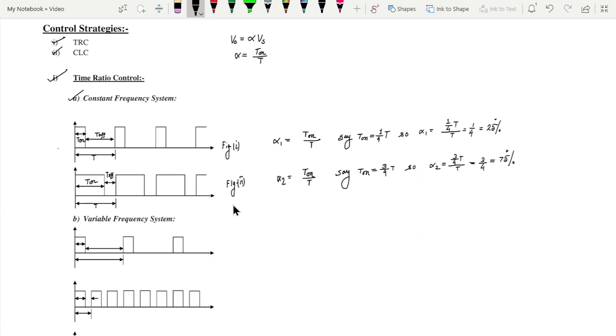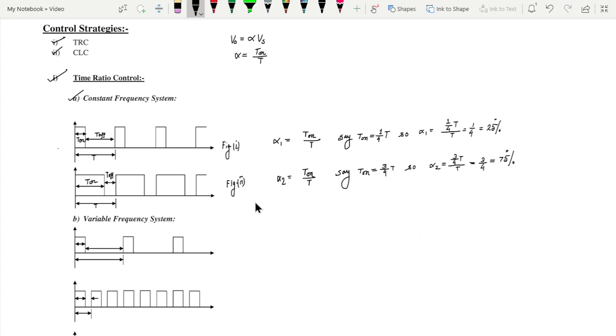So here we get different output for this strategy. From the constant frequency strategy we get 25% output and also 75% output. As per your requirement you get your choice.